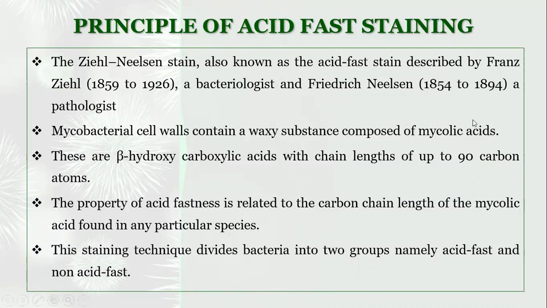The mycolic acids are beta hydroxy carboxylic acids, and they have a chain length of up to 90 carbon atoms. So the acid fastness is related to the carbon chain length of mycolic acid. The acid fastness exhibited by mycobacterial cells depends on the length of the carbon chain present in the mycolic acid.